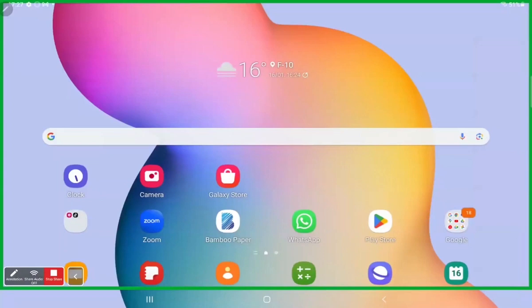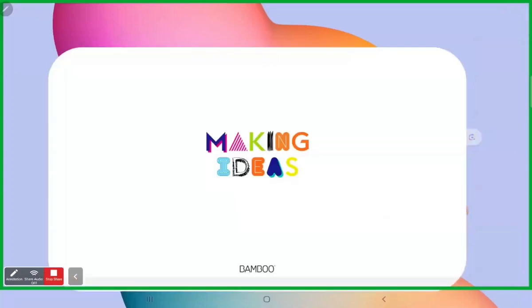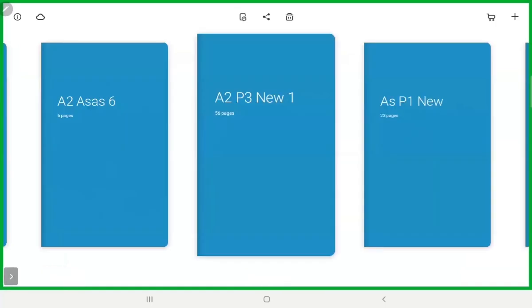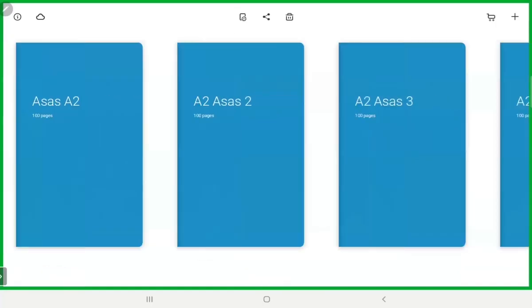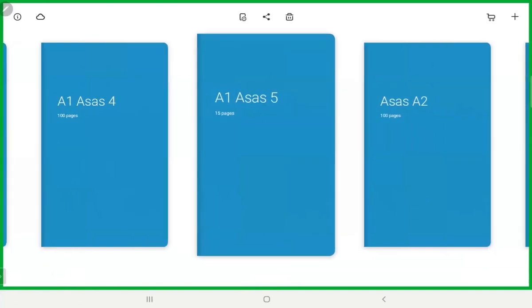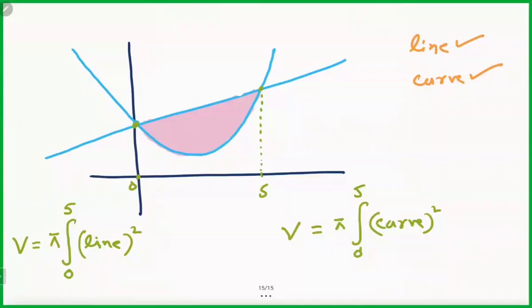Yesterday we started volume through integration, and what were the formulas for the volume of revolution?